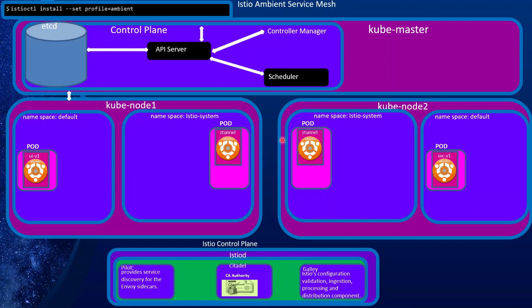When communication is needed between these two nodes, like this pod talking to the other pod, an overlay network will be set up between them. ztunnel is responsible for managing that, creating a secure overlay network, and also setting up the TLS handshake.